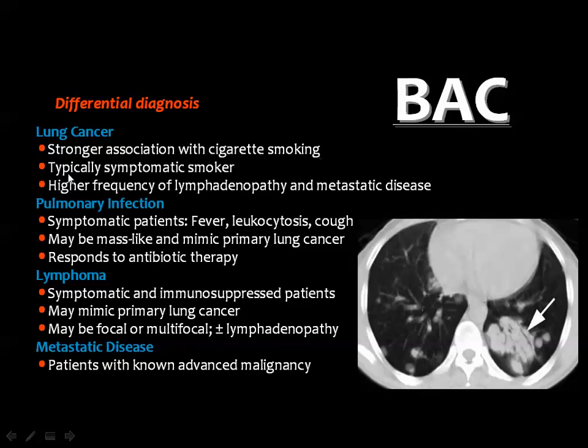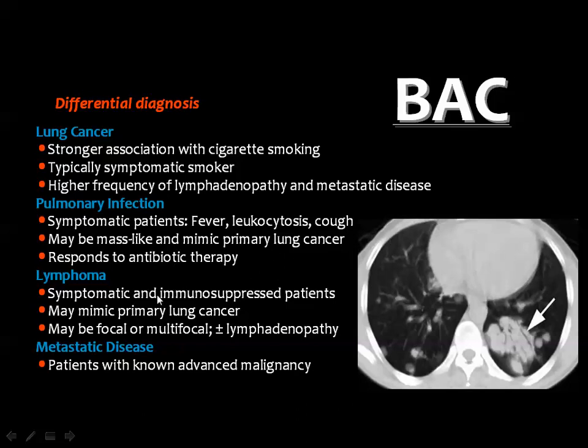Lung cancer is typically symptomatic, and it has a higher frequency of lymphadenopathy and metastatic disease. Pulmonary infection presents with symptoms like fever, leukocytosis, cough, and a response to antibiotic therapy.